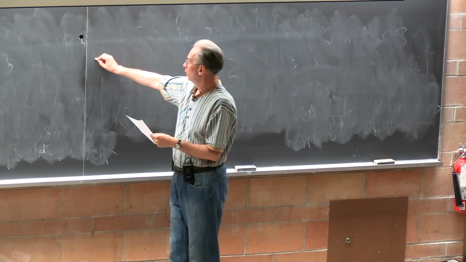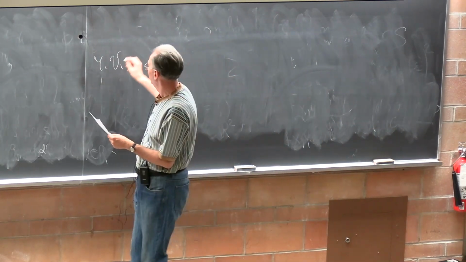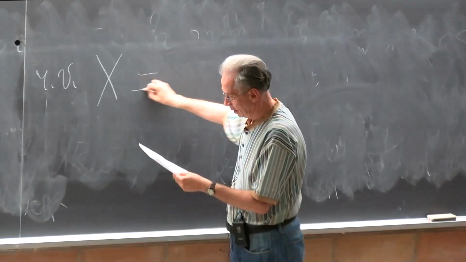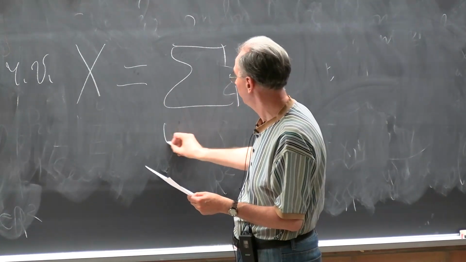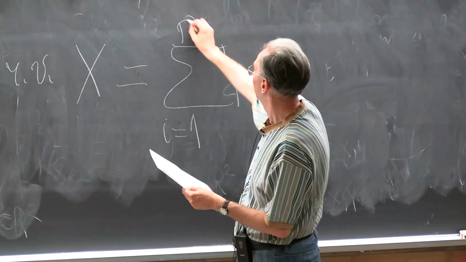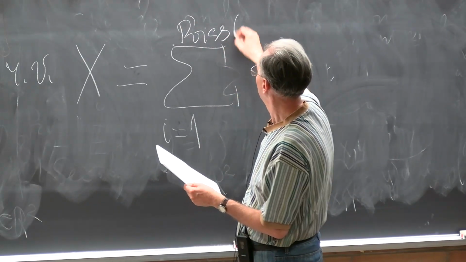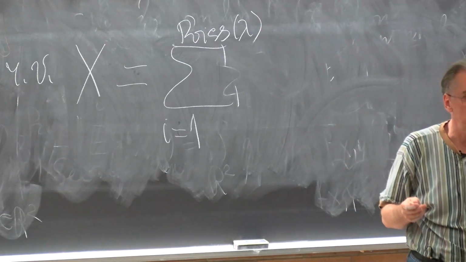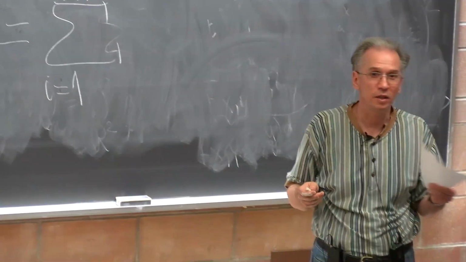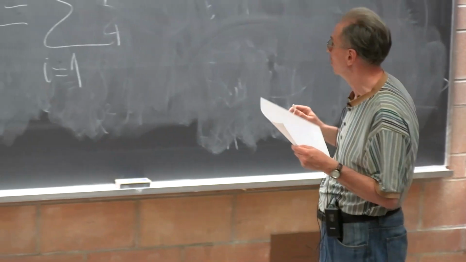So your random variable, capital X, is a Poisson random sum where the summation index is also random, so you get two kinds of randomness.